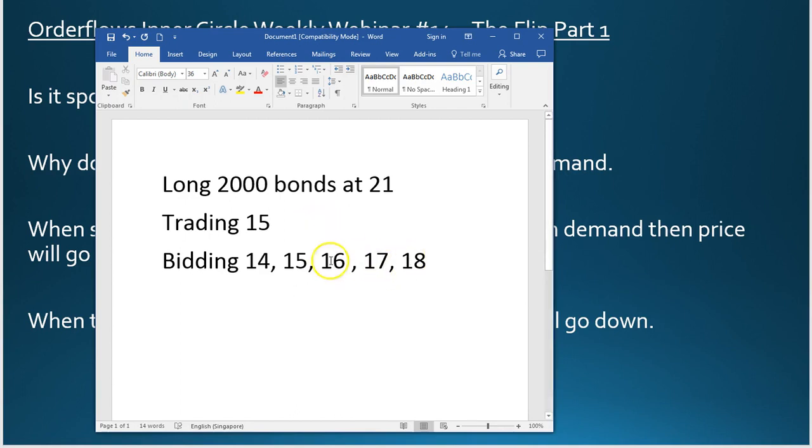But by bidding up the market, he's able to get out of his position at a slightly better price. So instead of getting out at 15, he's able to get out at 16, 17, and 18. So he's got a better average price rather than getting out at 21.